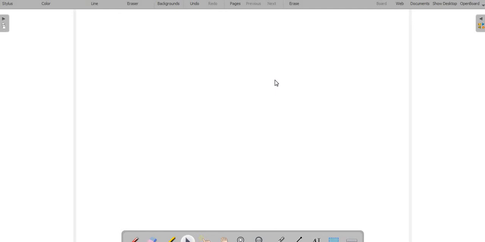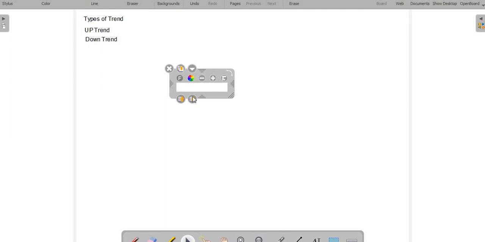First, what are the types of trend? That is very important. We have three types of trend: one is uptrend, and downtrend, and the third is sideways.